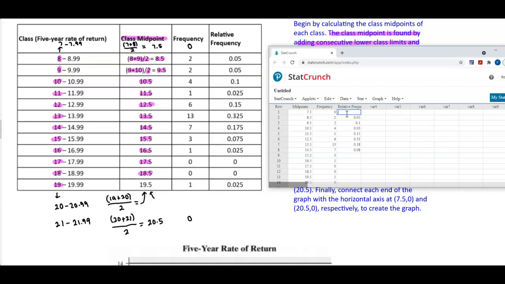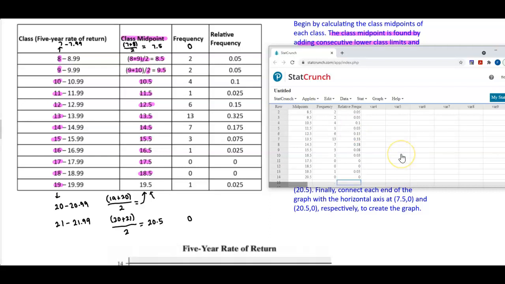So we're going to have to start with this being 0, and then 0.05, and then 0.05, and then 0.10, 0.03, 0.15, and 0.33, 0.18, okay, 0.08, 0.03, 0, 0, 0.03, and then 0.